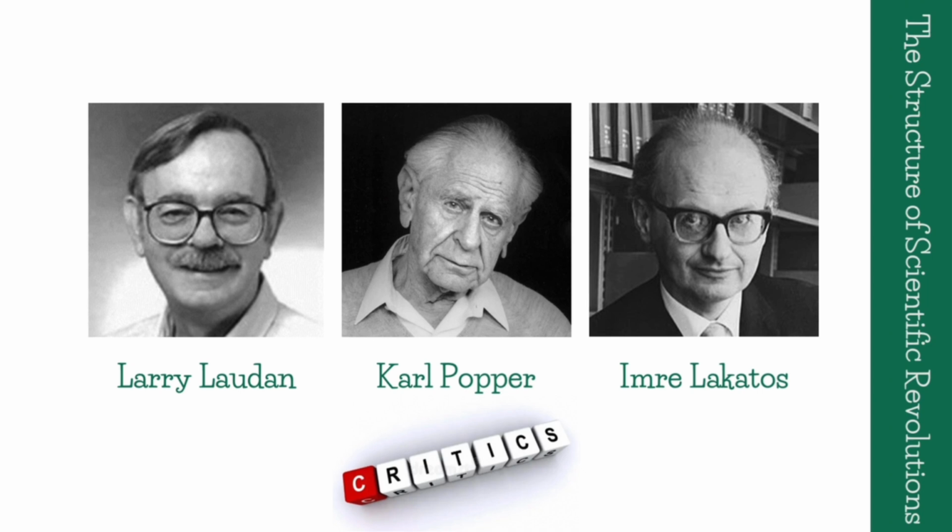While paradigm shifts are indeed important, many scientists argue that much of scientific progress is incremental and cumulative, even within paradigms. Some also claim that Kuhn's idea of incommensurability exaggerates the communication gap between different paradigms. Despite these critiques, Kuhn's work has left an undeniable mark on how we think about science.